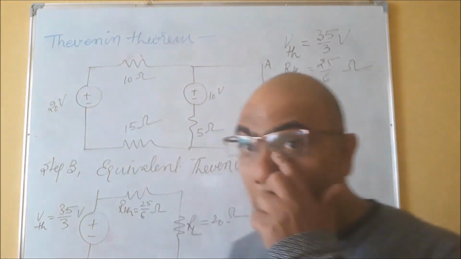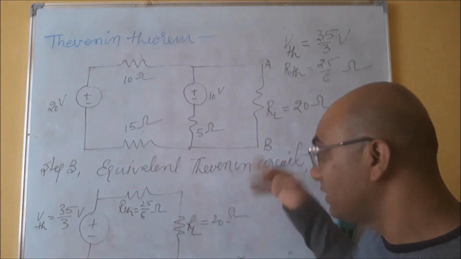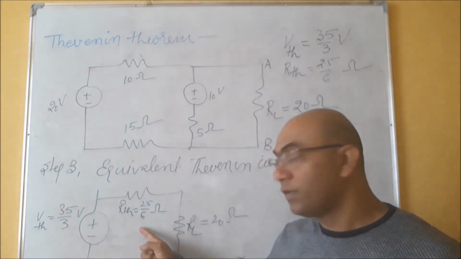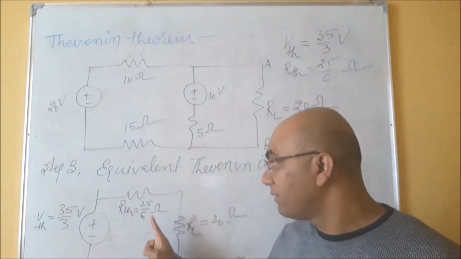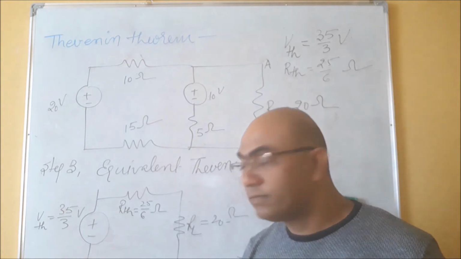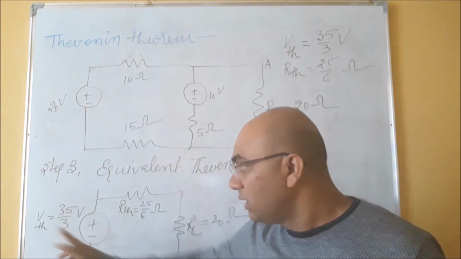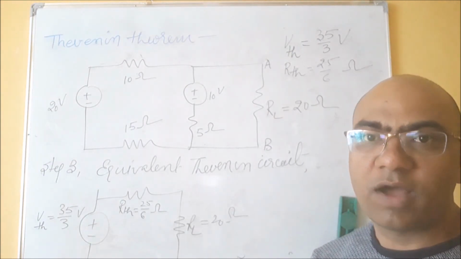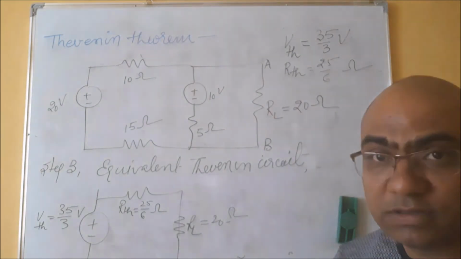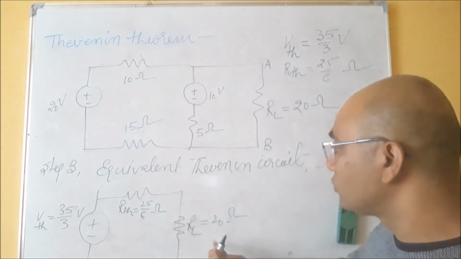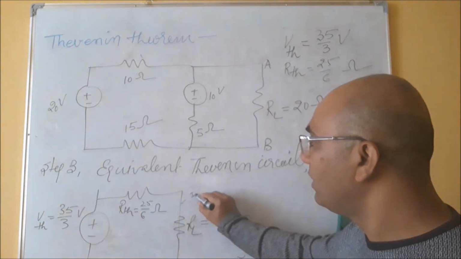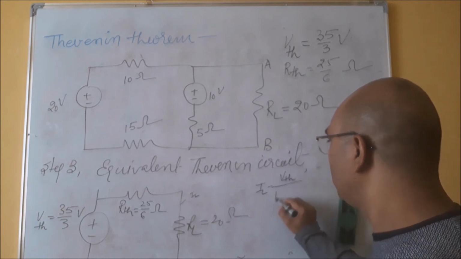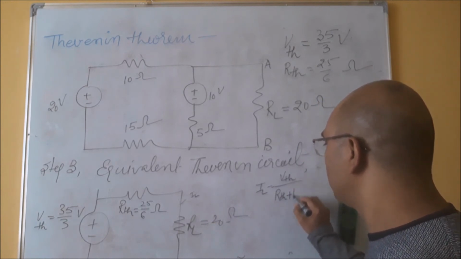This is okay. So the equivalent Thevenin circuit shows the value of RL is 20 ohm, the value of RTH is 25 upon 6 ohm, and the value of Thevenin voltage VTH is 35 upon 3 volt. The question was to find the load current using Thevenin's theorem. So the load current IL, the formula we know, is VTH upon RTH plus RL.